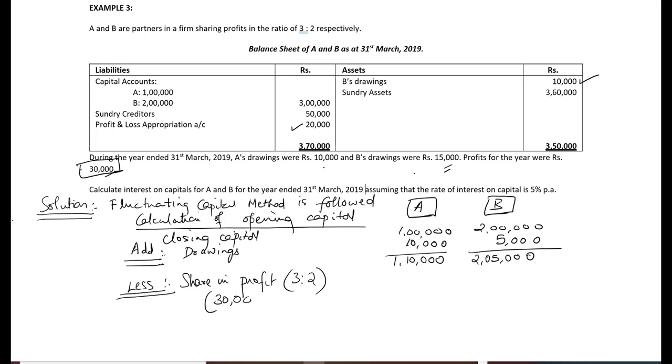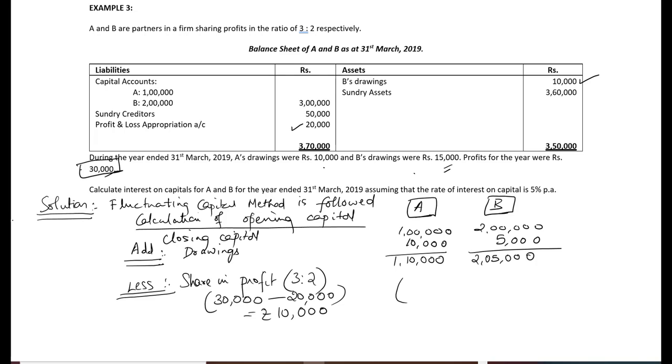The profits of 30,000 minus what is continuing to appear in the balance sheet, which is 20,000. So only rupees 10,000 has been transferred to the capital accounts in the profit sharing ratio, which is 3:2.